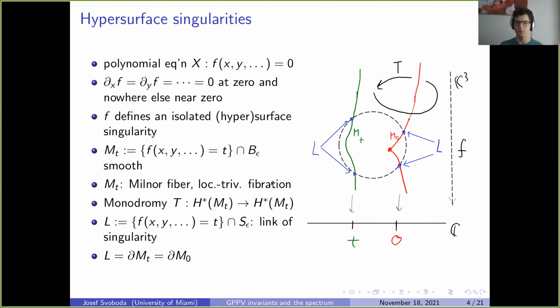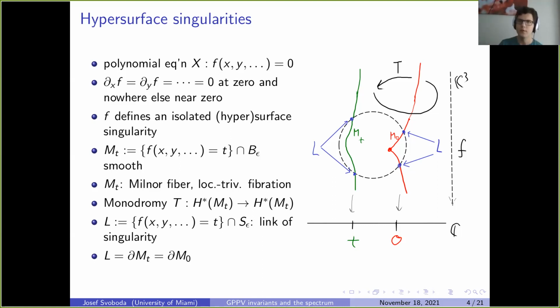It's like if you remove a hypersurface or a point from a curve, you still want to remember something about the Hodge theory of the point. This is why you have various degrees.